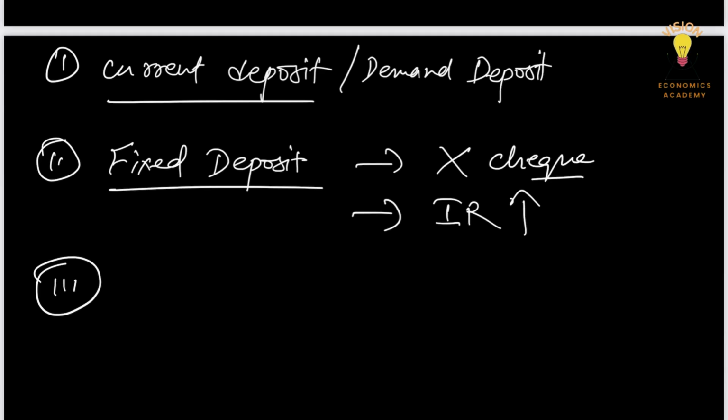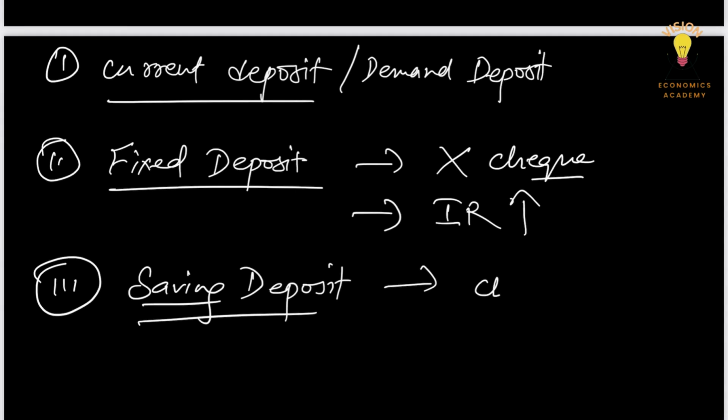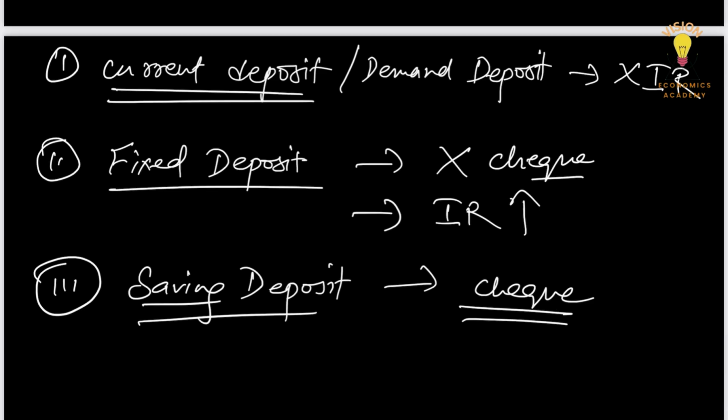And then the final one is savings deposits, which is a mixture of both. It has cheque facilities, right? And do remember, in current deposits the bank does not pay any interest; rather, they charge for the services. In savings deposits, yes, of course, the cheque facility is there, but there are some restrictions on the number of times you can withdraw.